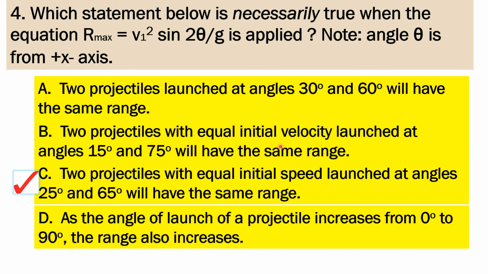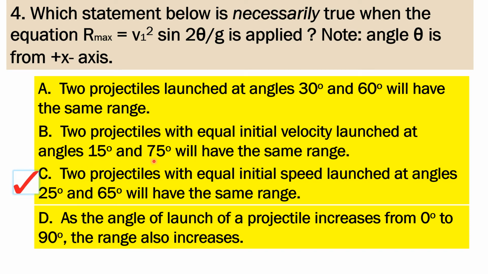But how can that be possible when it states that the angles are different? So there is something contradicting here. The use of the word velocity makes the statement questionable. We cannot have the same initial velocity while having different angles of projection.